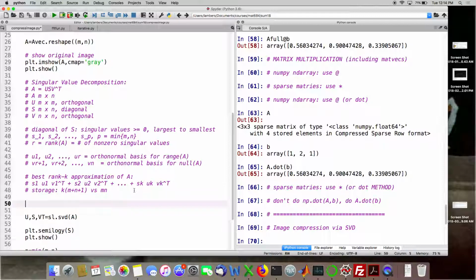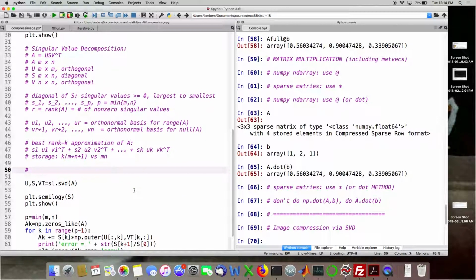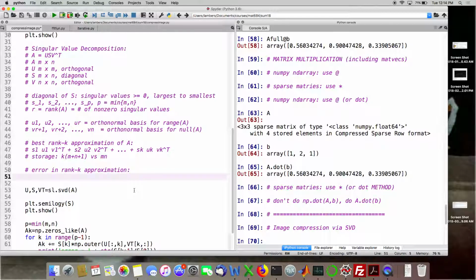Okay. The error in the rank K approximation, let's try to get some measure of that.